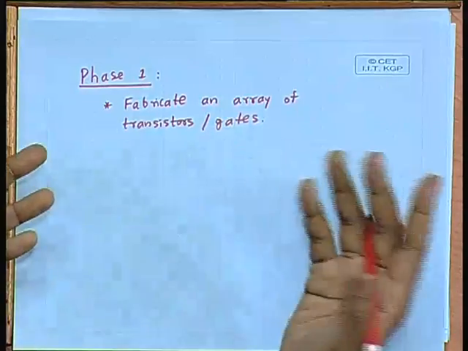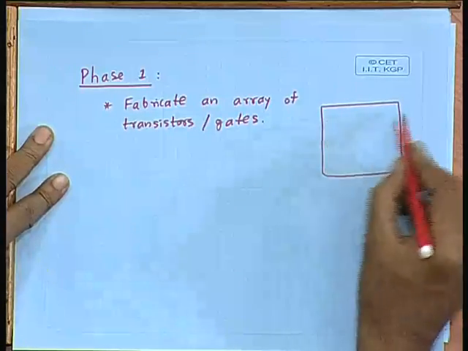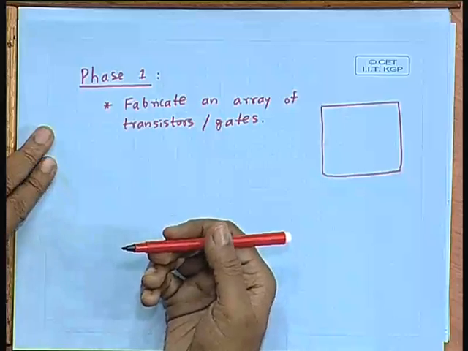Gates may be simple 2 input NAND gates, but on the surface of the chip you fabricate millions of such transistors or gates, right.